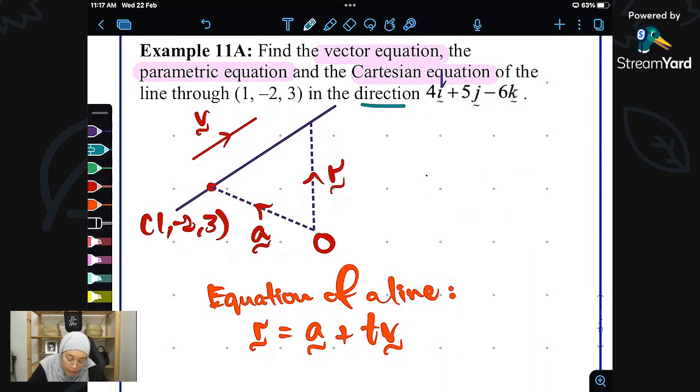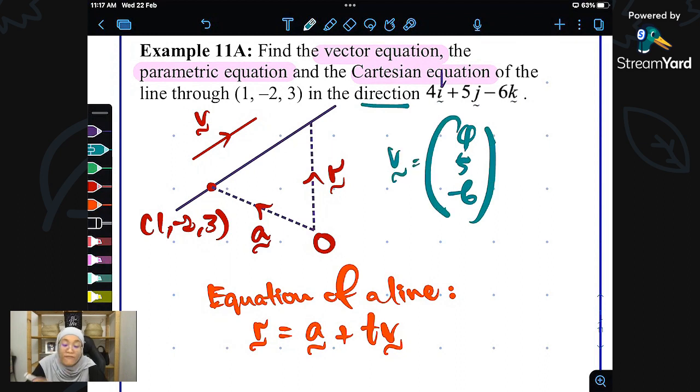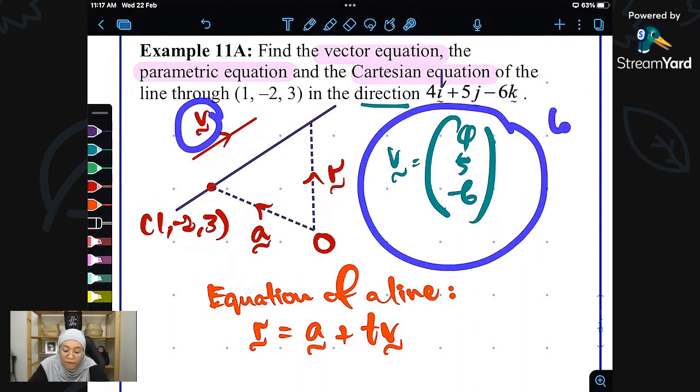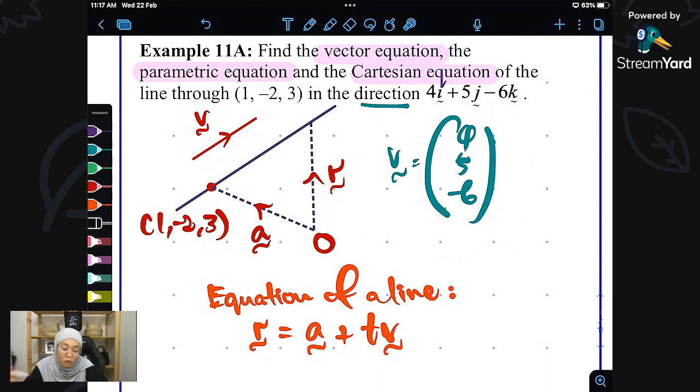Therefore, dia kata direction tau. So 4, 5, -6 sebenarnya adalah our V vector, because vector got direction, right? So saya memang automatically faham bahawa V kita adalah 4, 5, -6. Dah ada satu benda penting dah settle.